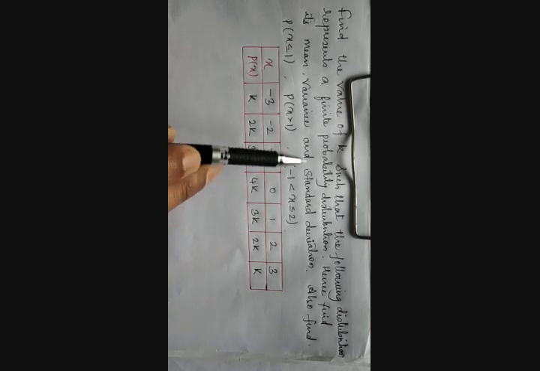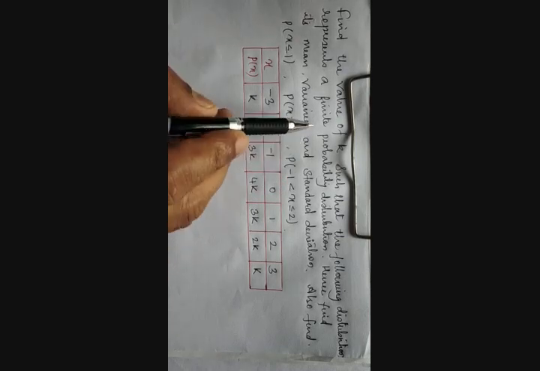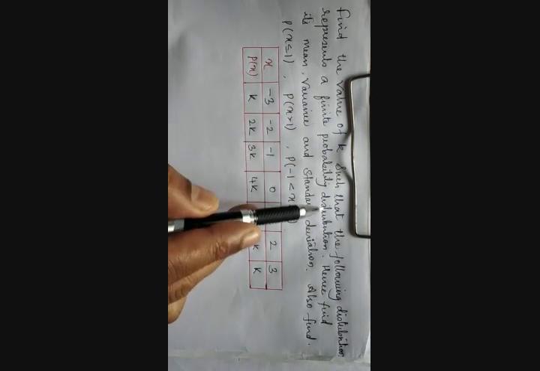To calculate this, first we need to concentrate on the word given. They said finite probability distribution, meaning this table represents a finite probability distribution. Then we need to calculate the value of k.